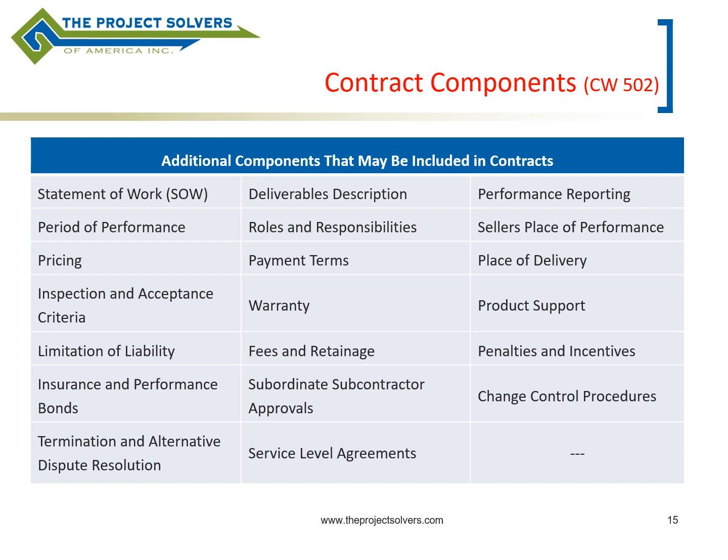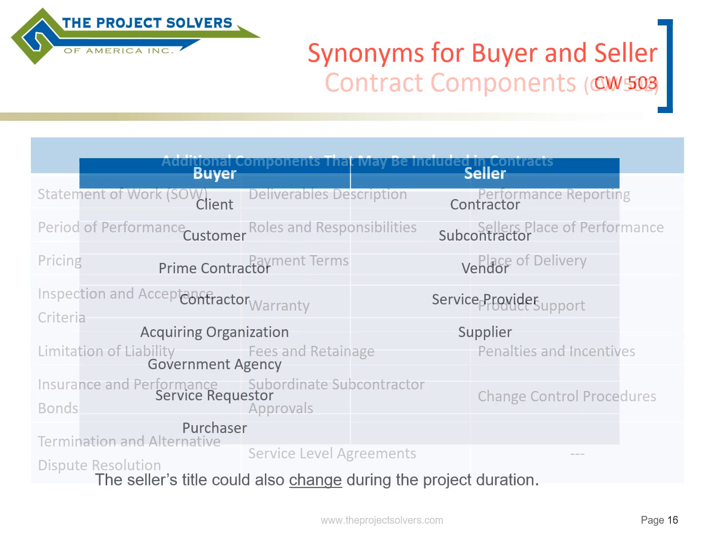How is it going to be supported afterwards? And are there any penalties for not getting done by a certain time? Or are there any incentives for getting done early or maybe under budget? And what is the change control procedure that's going to be used on the project? So you can see there's a lot of different aspects to a contract.